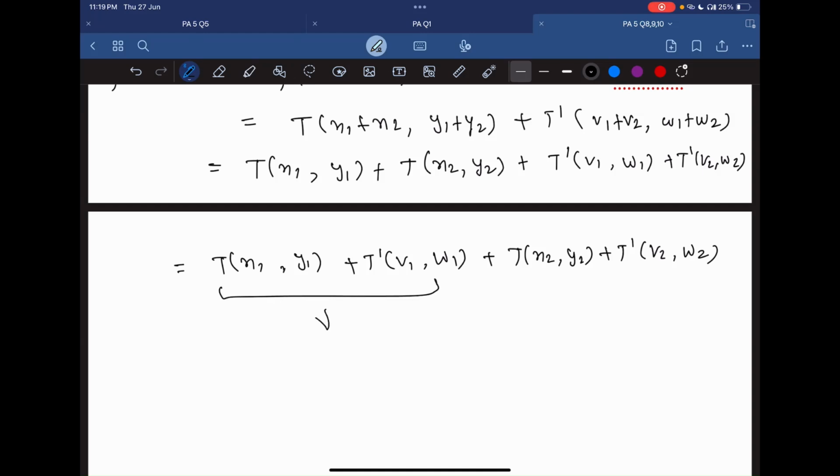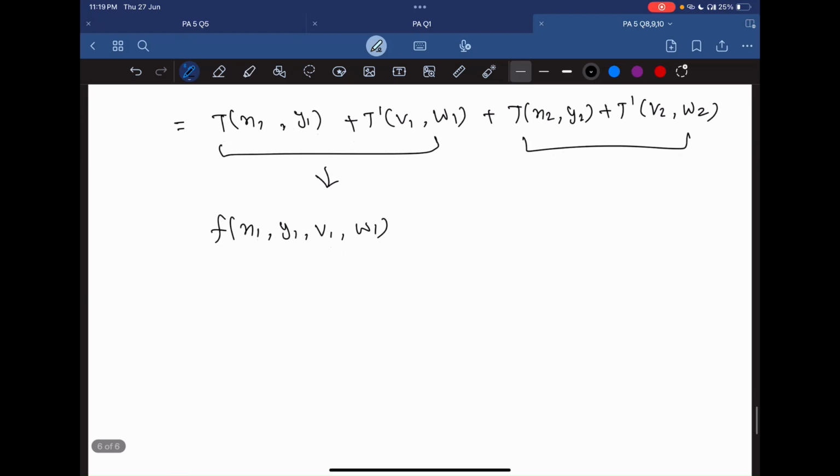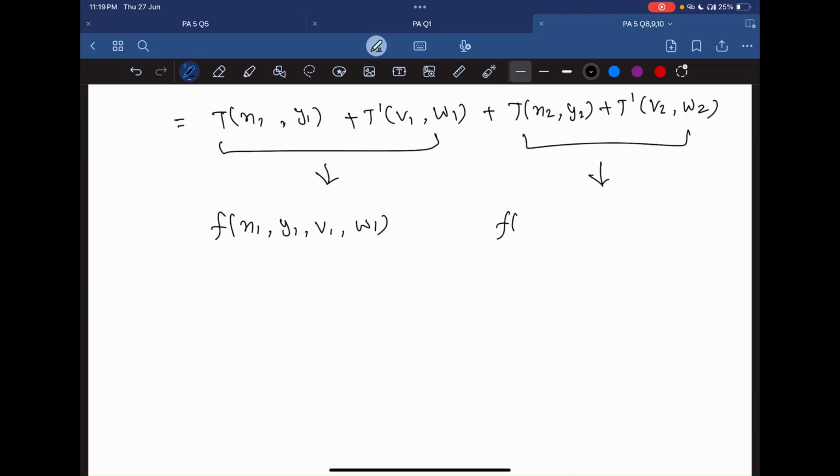Here this is nothing but f of x1, y1, v1, w1, and here this is nothing but f of x2, y2, v2, w2, and so what we got here is f of a plus f of b. So that means the first property is satisfied.